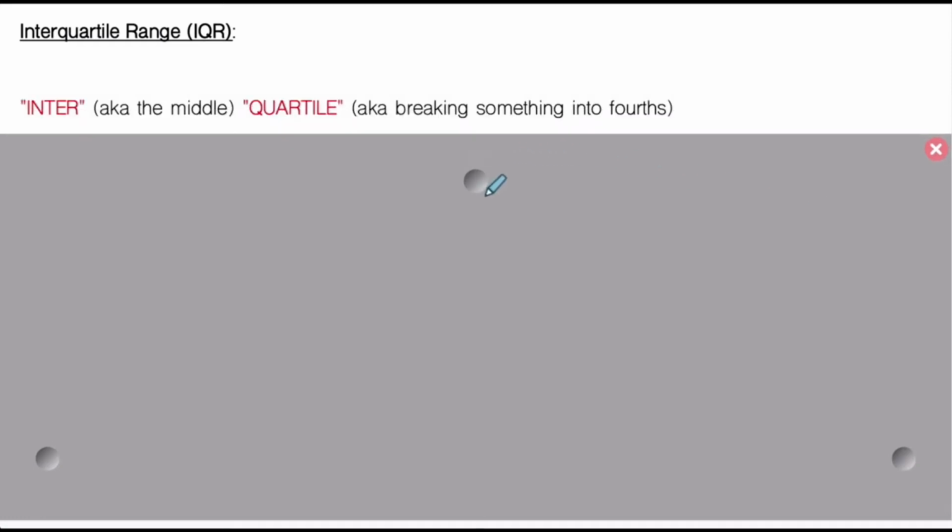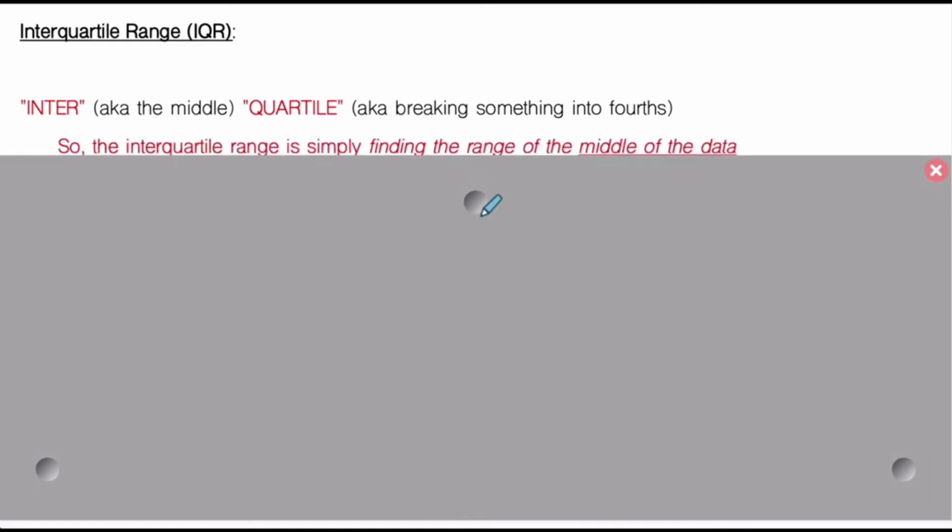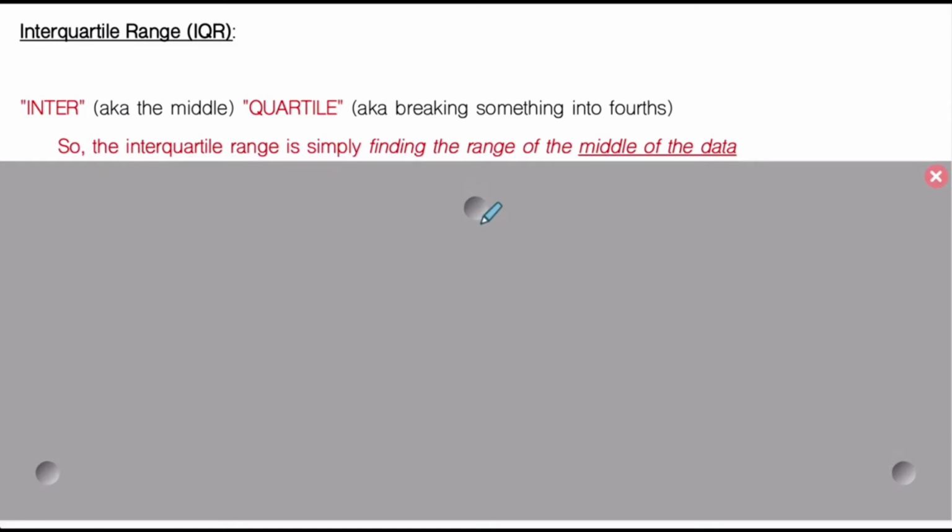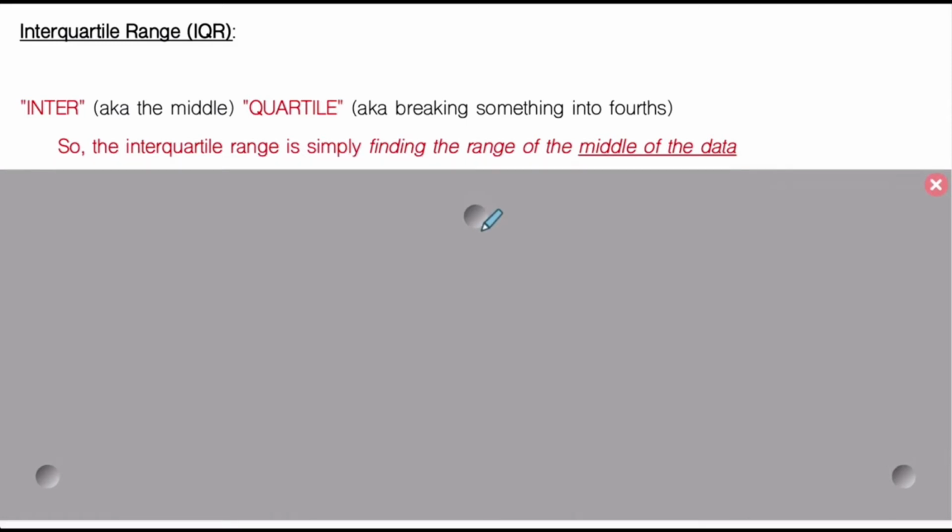I like this lesson. So, what the heck does interquartile range even mean? Let's break down those words. Inter means the middle, like in between. And quartile, we just learned, means breaking something into fourths. Quart, 4, fourths. So interquartile means the middle of the fourths.